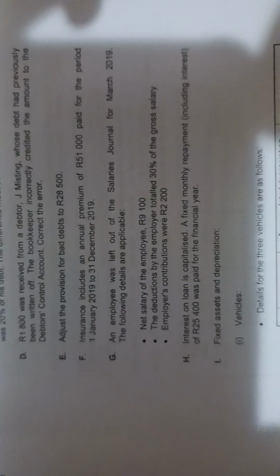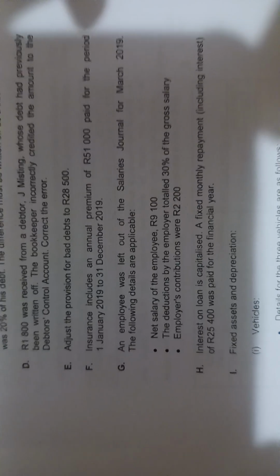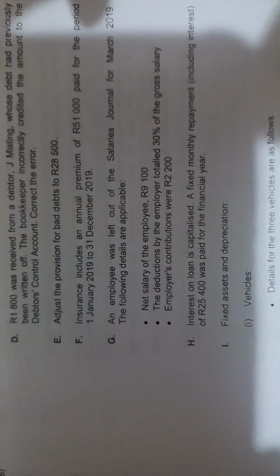And then let's move over to the next piece of information, which is if insurance includes an annual premium. So annual, 12 months of 51,000 Rand paid for the period 1 Jan 2019 to 31 December 2019.